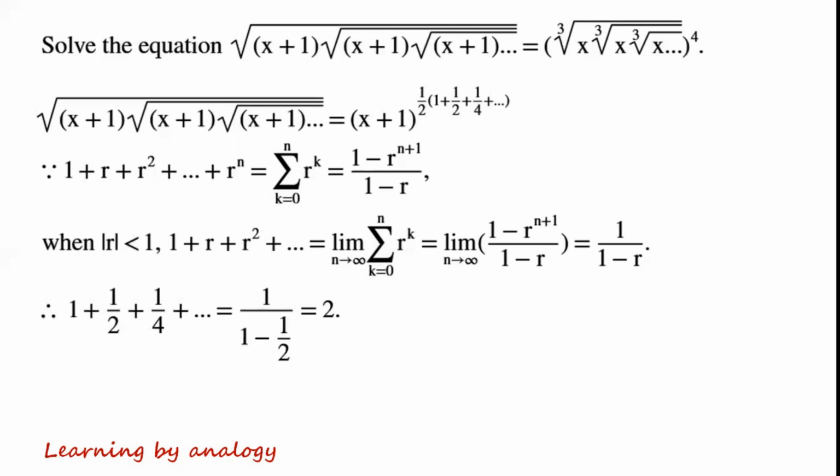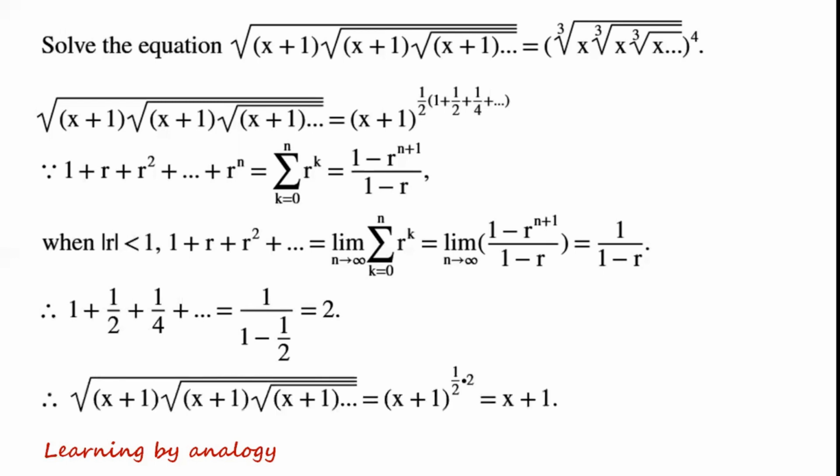So 1 plus a half plus a quarter plus so on is equal to 1 over 1 minus a half, which is 2.